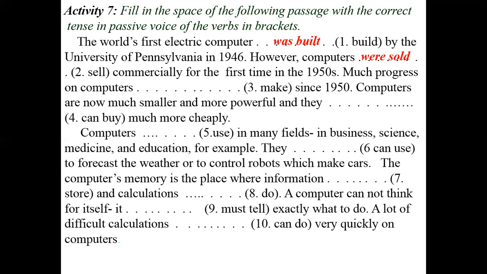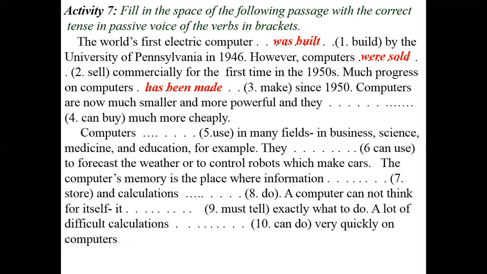Much progress on computers seems 1950s. So since is the keyword of the tense. What tense? Present perfect, right? And much progress is plural or singular? It's of course singular. So you use has been made, not have been made, right?